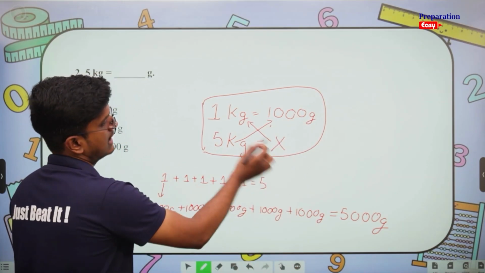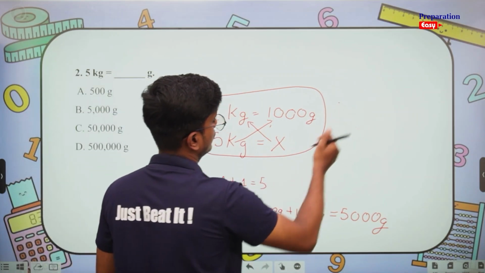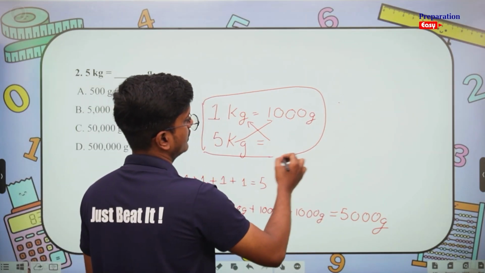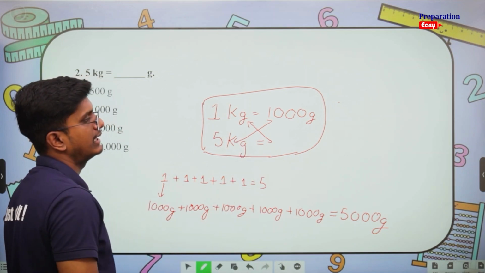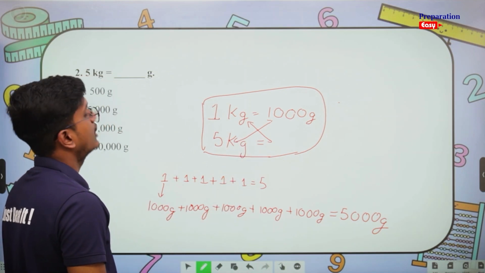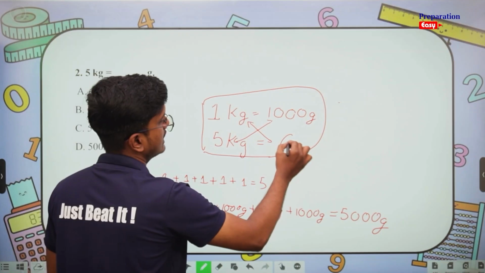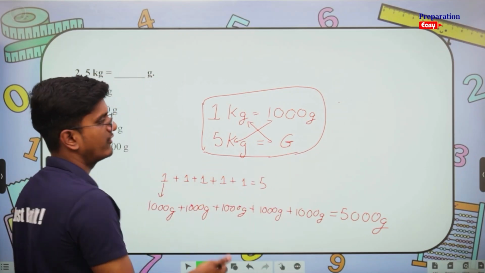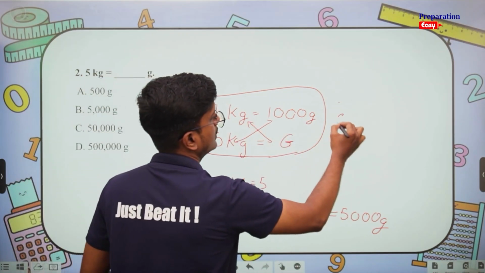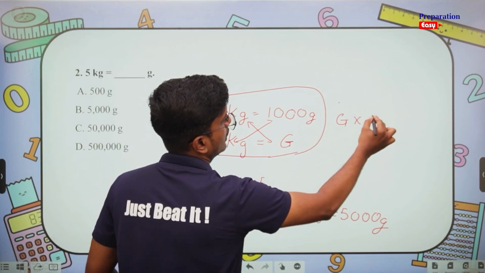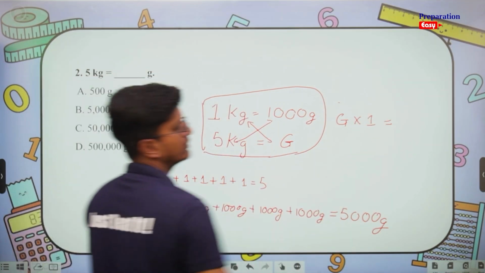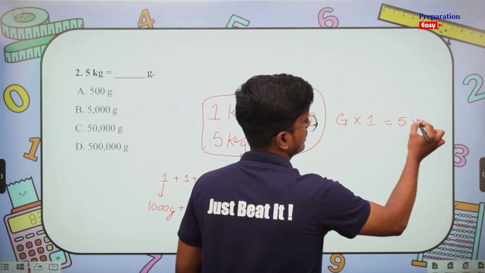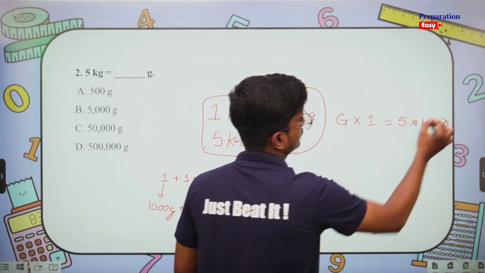We don't know how many grams, so we will give it as g. g is unknown, we have to find. So g into 1 is equal to 5 into 1000. 5 kg into 1000 gram.